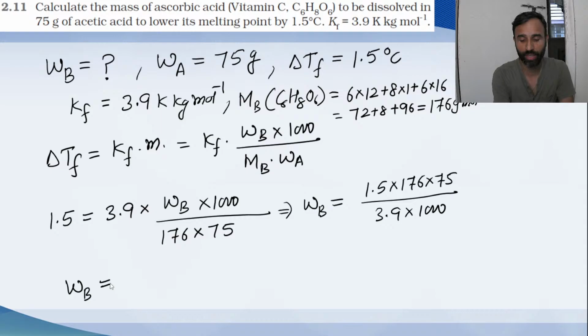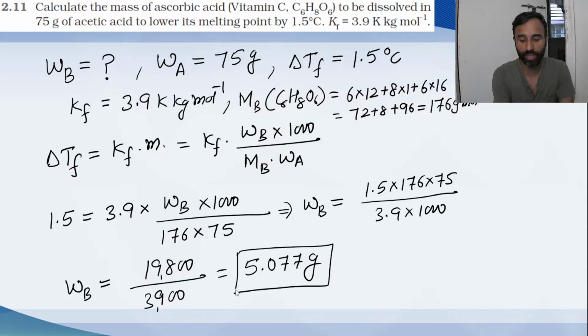So WB equals 1.5 into 176 into 75 divided by 3900, which is 5.077 gram.